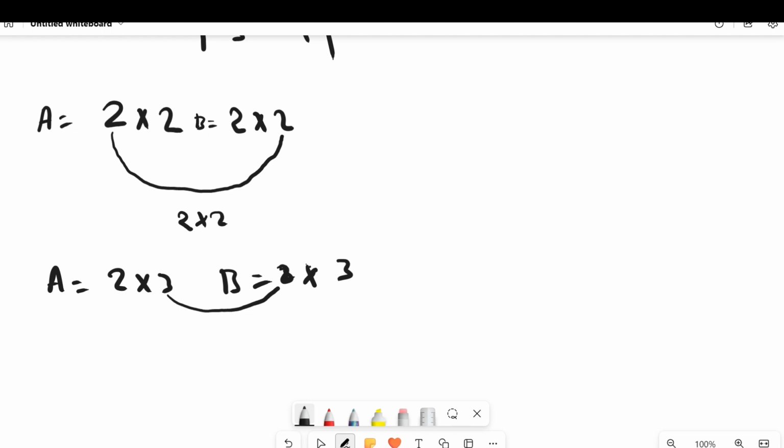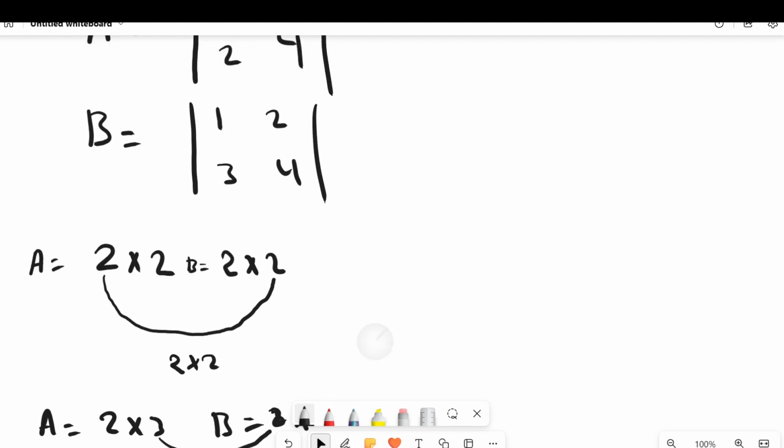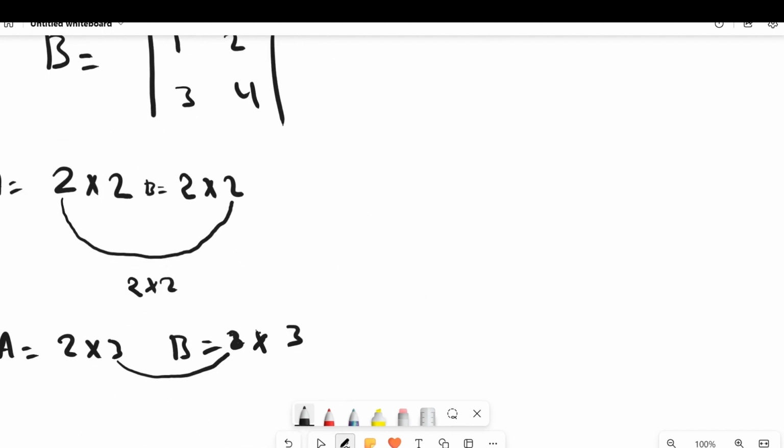Let's say, for instance, matrix A is a 2 by 3 matrix, that is 2 rows, 1, 2, and 3 columns. So we need to add one more column here, 1, 1.